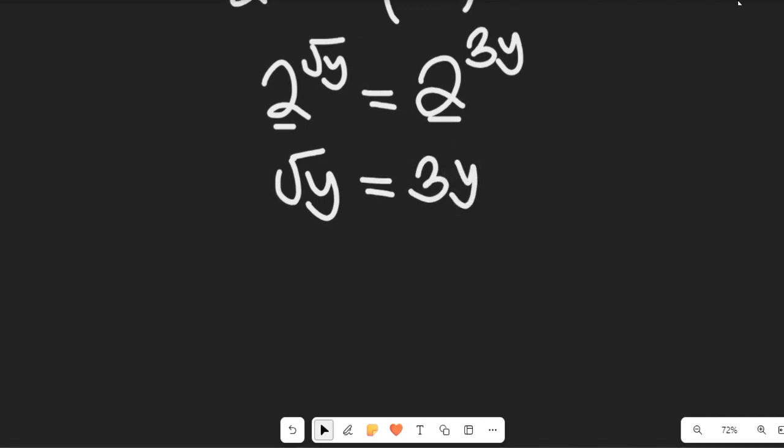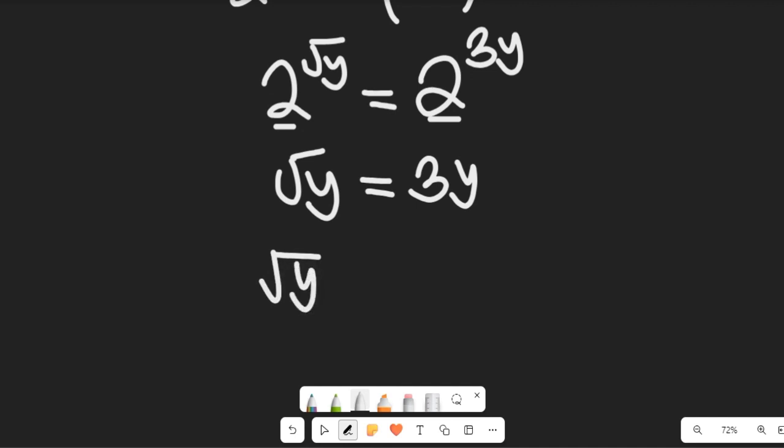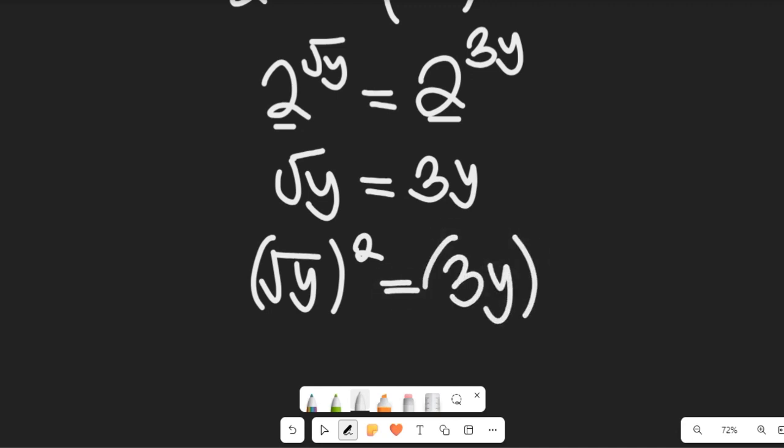At this point, to clear the square root, we're going to consider taking the square of both sides. If we take the square of both sides, you're going to find out that the square root of y will be squared, and this will be equal to 3y all squared.